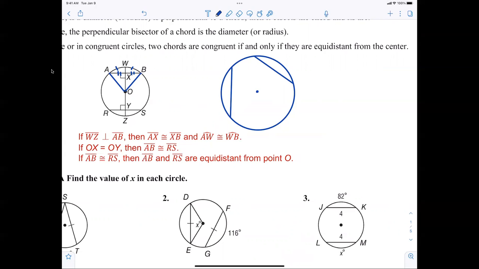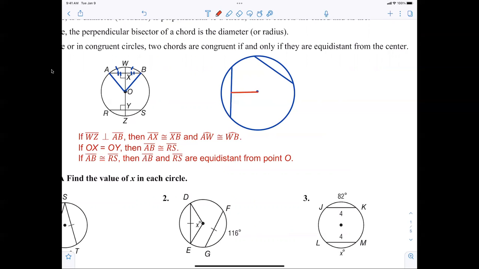Now, the hard part people don't know sometimes is, how do I know what the distance is to this chord? What is the distance to that chord? Can anybody tell me? Not numerically, but how do I know that's about the distance? Yeah, because it's perpendicular. All right, the shortest distance from a point to a line is the distance between the point and the line.